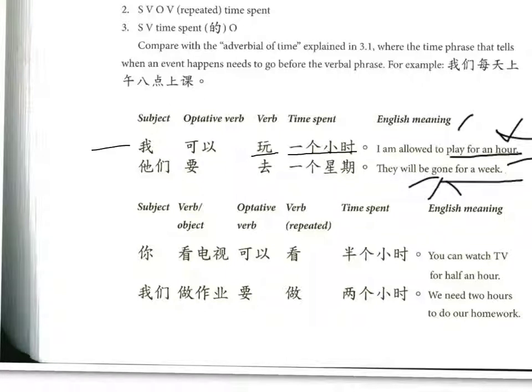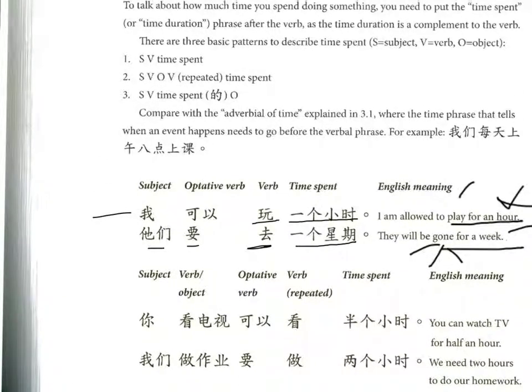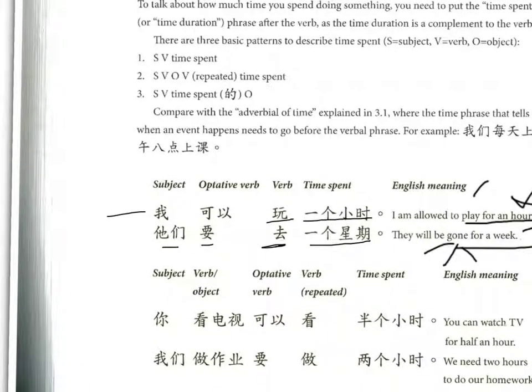We have another example here. 他们要去1个星期. They will be gone for a week. So they're going somewhere, and they will be gone for a week. 一个星期. So this is one way that you can do that: the subject and the verb, and then the time spent.